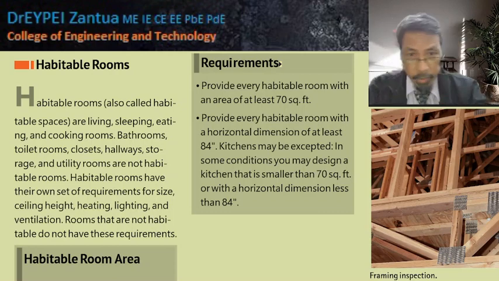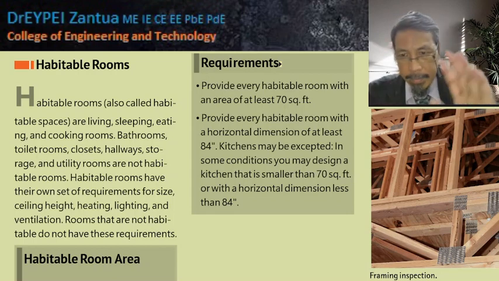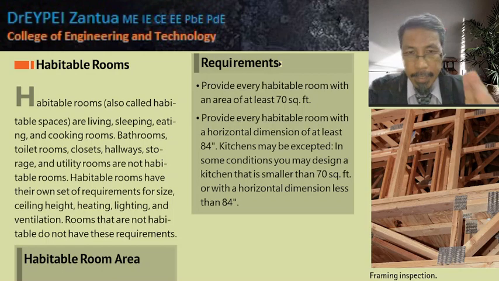This is a small area, 7.8 square meters or 8 square meters for that matter is about 2 by 4, 2 meters by 4 meters. Very small area. Okay, but that is the minimum area requirement. So this is not a requirement in the country.